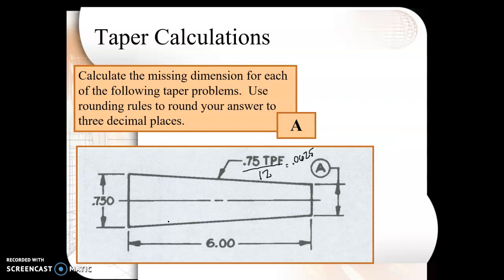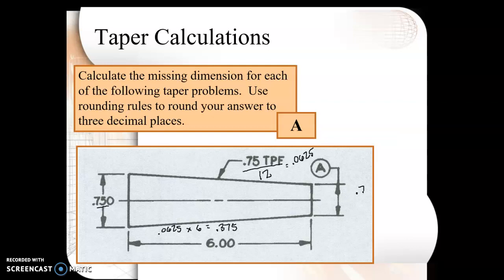And then we would take that 0.0625 and multiply it by the length of 6 to get 0.375. That is the taper amount. That's how much smaller this end is going to be compared to the large one.